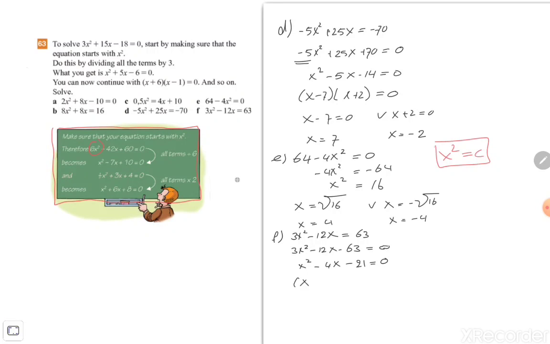So x plus 3 and x minus 7 is equal with 0. x plus 3 needs to be 0, or x minus 7 is equal with 0. So x is minus 3, or x is 7. And that was exercise 63.